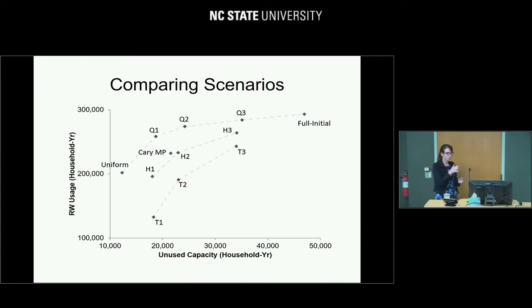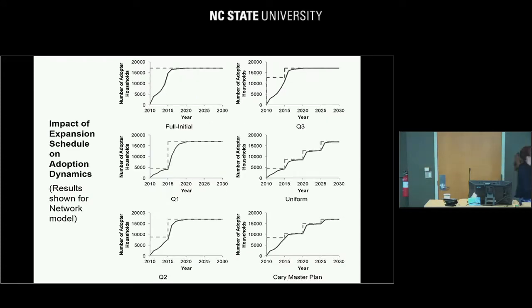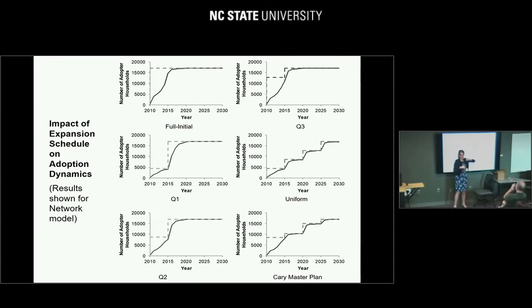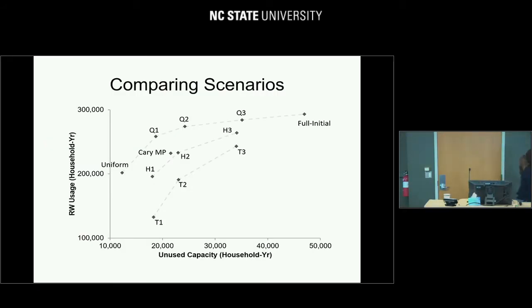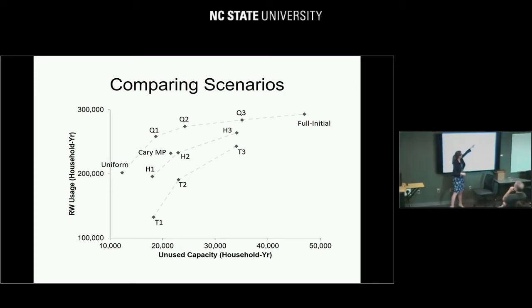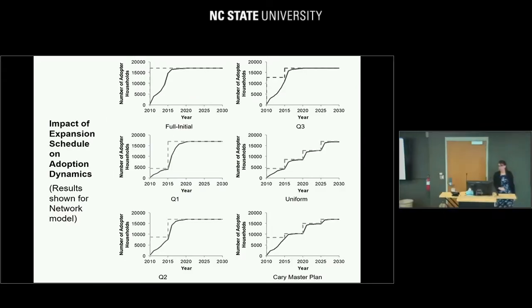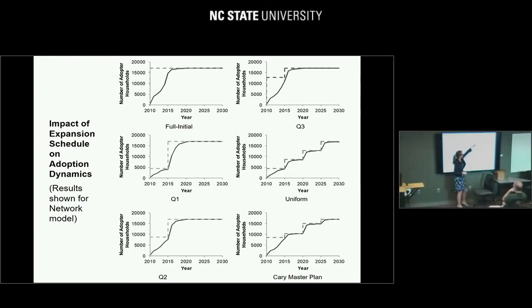Q3, which was this plan here, builds up to 75% in the first phase and then goes to 100%. That one has only a slight decrease in the amount of reclaimed water used, but a nice decrease in the unused capacity. What's going on there is that this 75% limit is only limiting the amount of adoption by a small amount.